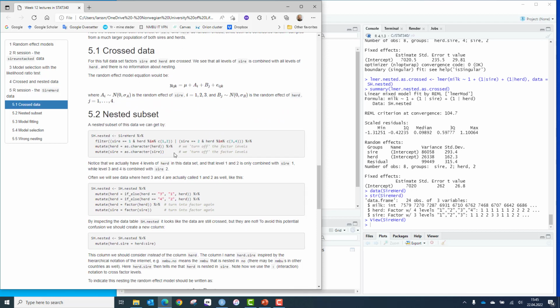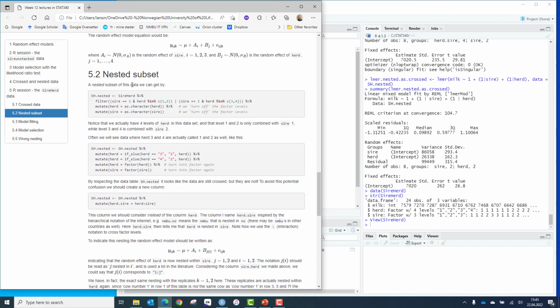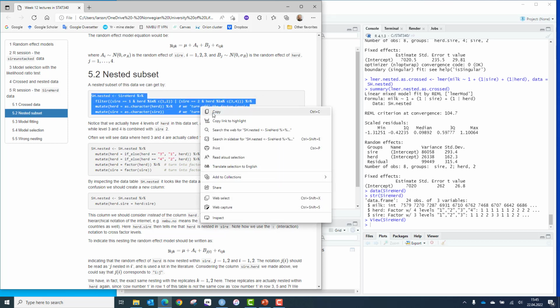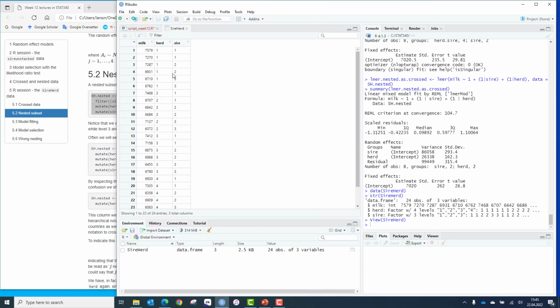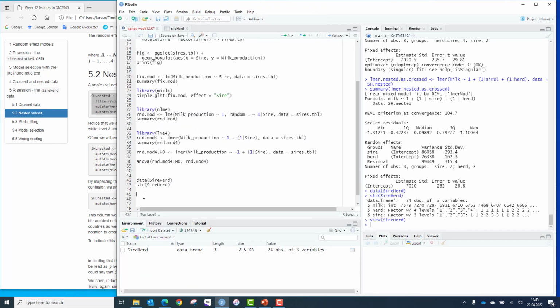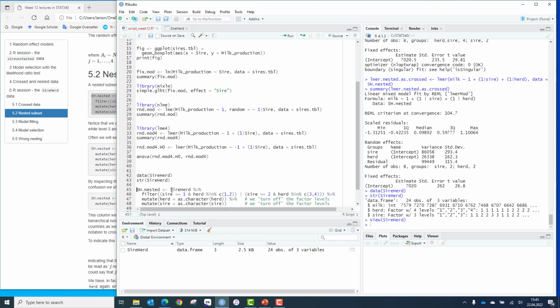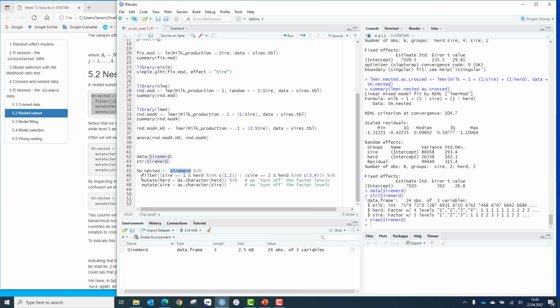Before we fit the model here, let's look at the nested subset of this data. So let me copy this code here and make a subset of this data. I take the sire herd data table and filter out some of the rows.